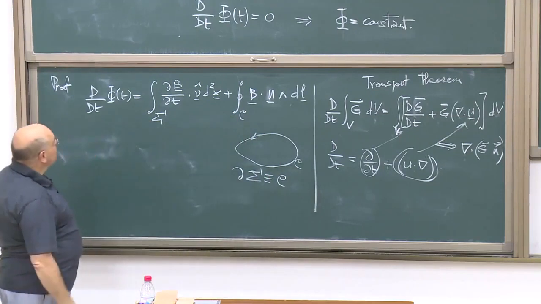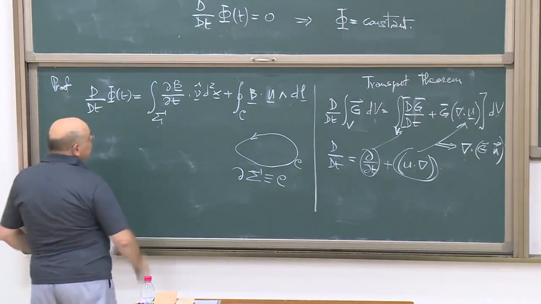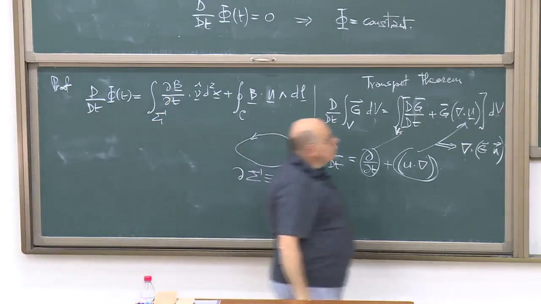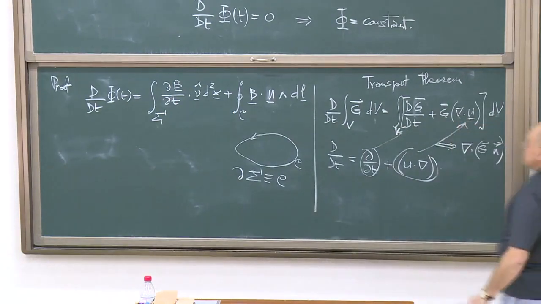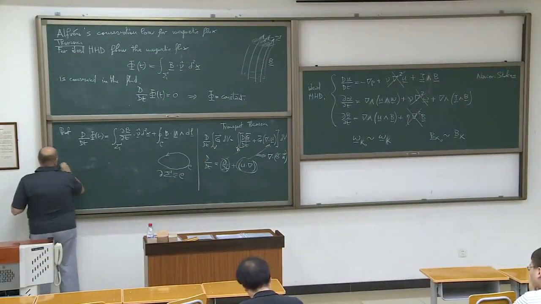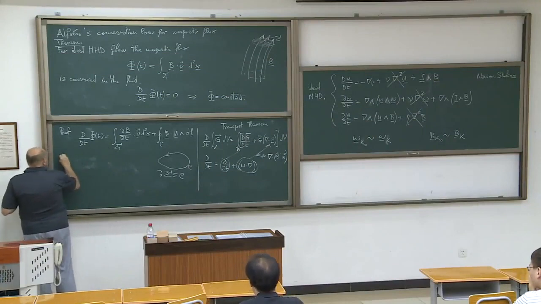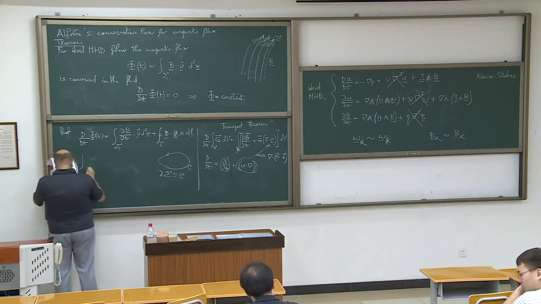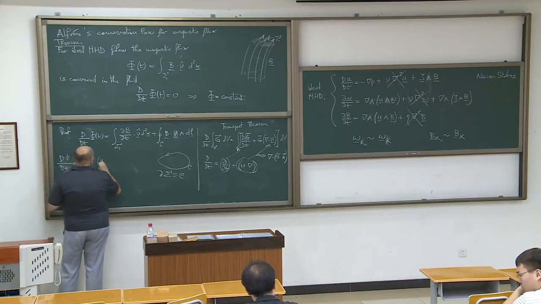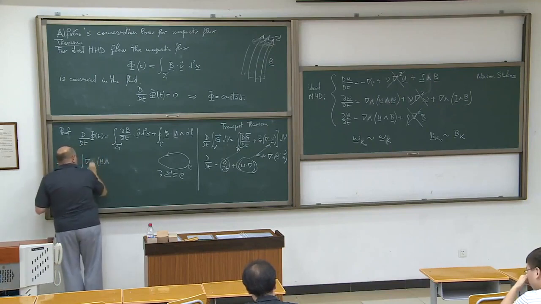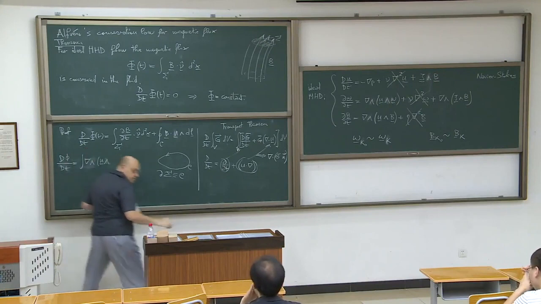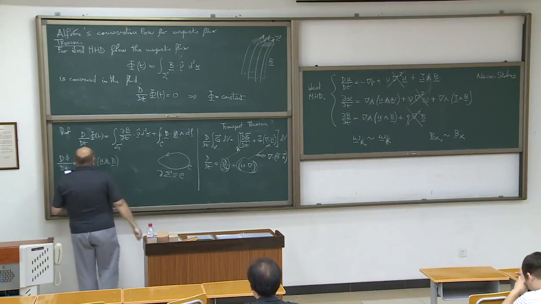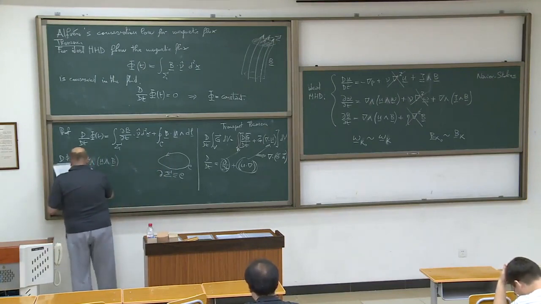All right? Okay, so now we use here, from this term dB/dt, we have to go to Faraday's equation. And so from Faraday's, dΦ/dt is equal to the integral of the curl of u cross B, over sigma, of course.